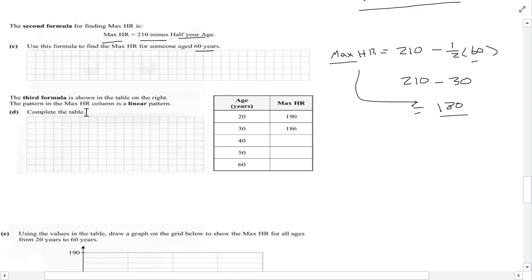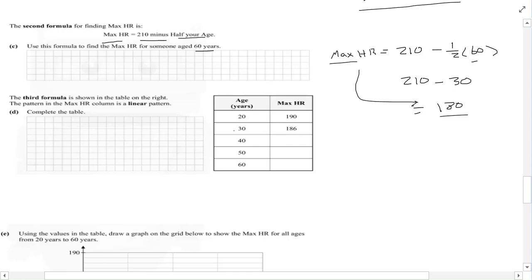So the third formula then is shown in the table on the right. The pattern in the maximum heart rate column is a linear pattern, so complete the table. What we can see here is that when the person is 20 years, the heart rate is 190. When the person is 30 years, the heart rate is 186.